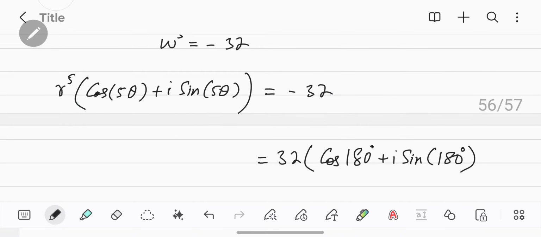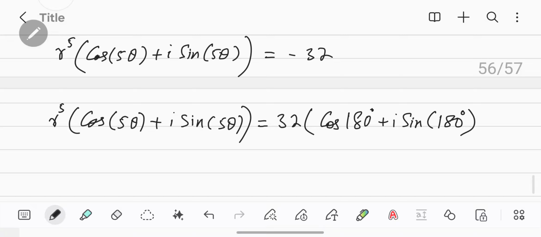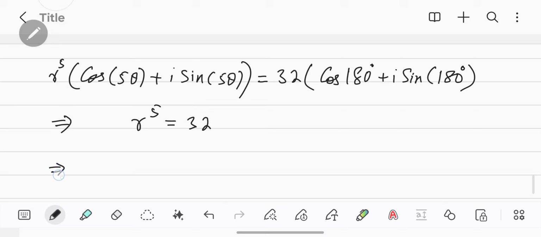And this other side is r to the 5th times cosine of 5 theta plus I sine of 5 theta. If you compare both of the values, you will get r to the 5th is equal to 32. So r to the 5th is equal to 2 to the power 5, because 2 to the power 5 is equal to 32.